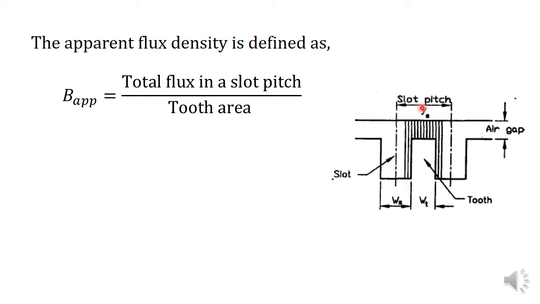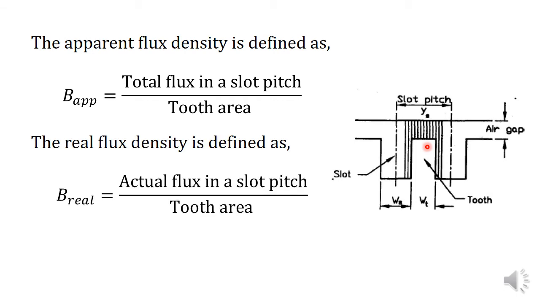This portion of the armature is known as the slot pitch, YS. We are not considering the area of the slot. Then the real flux density is defined as the actual flux in a slot pitch divided by the tooth area.